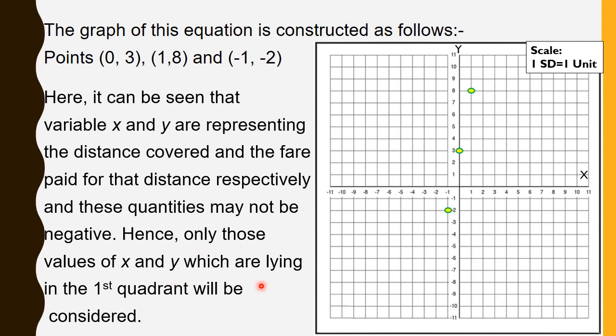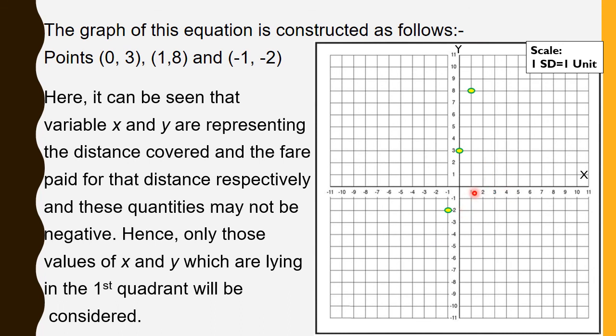Hence, only those values of x and y which are lying in the first quadrant will be considered. We cannot take the distance as a negative value, and we cannot take the fare as a negative value, because fares cannot be negative, right? We are paying something, it is always a positive value.